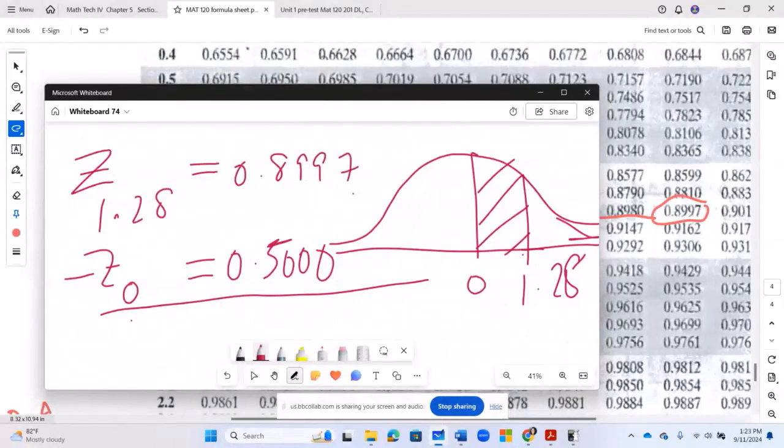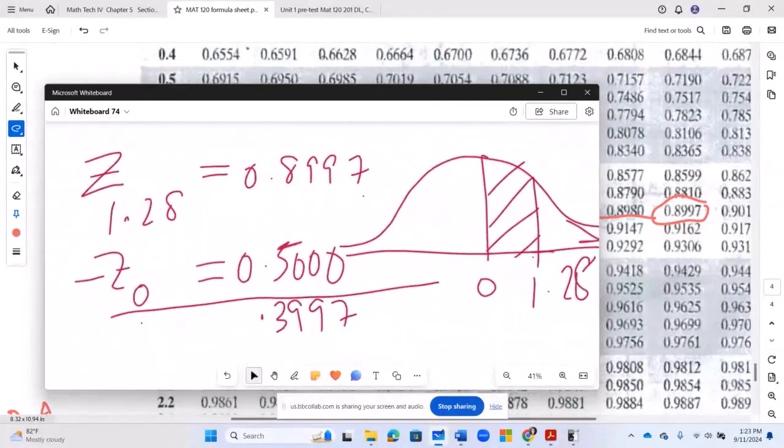When I subtract, I'll get area between. 7 minus 0 is 7. 9 minus 0 is 9. 9 minus 0 is 9. 8 minus 5 is 3.